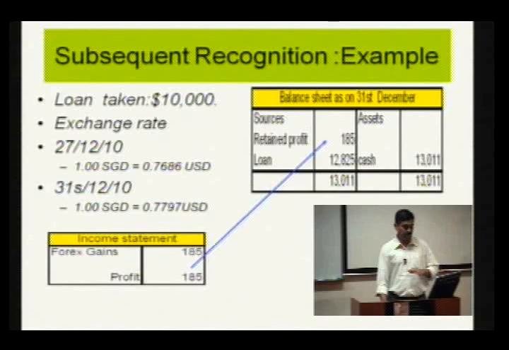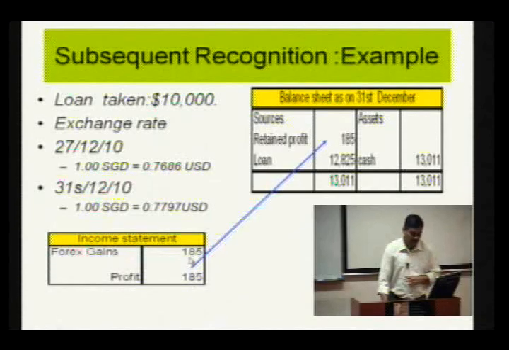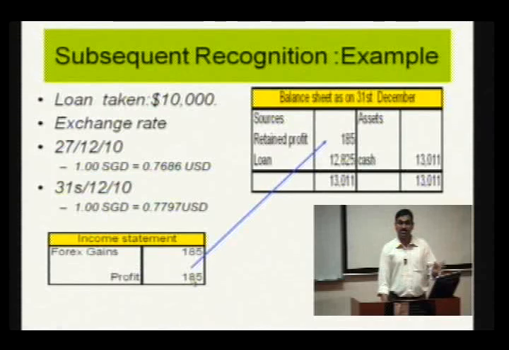My assumption is that the only income is the currency fluctuation, 185 Singapore dollars. That is the overall profit for that period, and that profit will be shown in the balance sheet at the end like any other profit. So subsequent recognition results in a fall in the value of the loan. As a result, there is a profit through the income statement to the balance sheet.